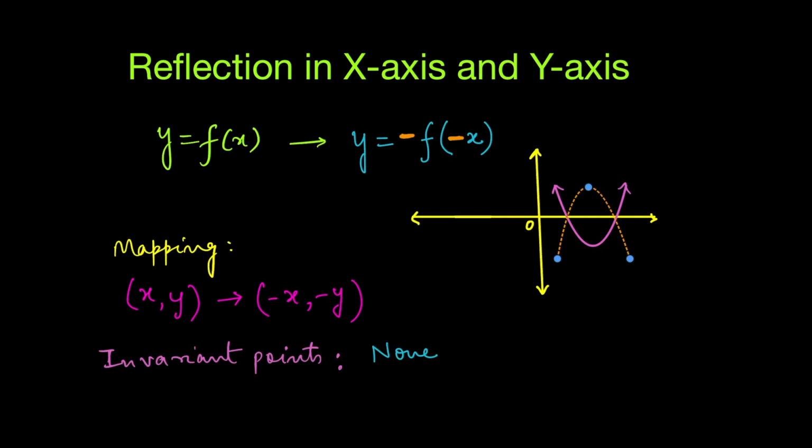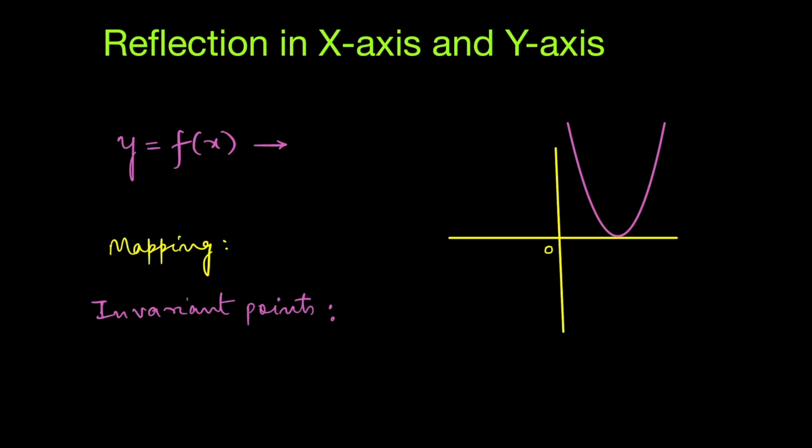And after that we reflect it in the y-axis, so we draw the graph this way. So this will be the final graph. This will be y equals negative f of negative x. So this will be the graph of the final function.